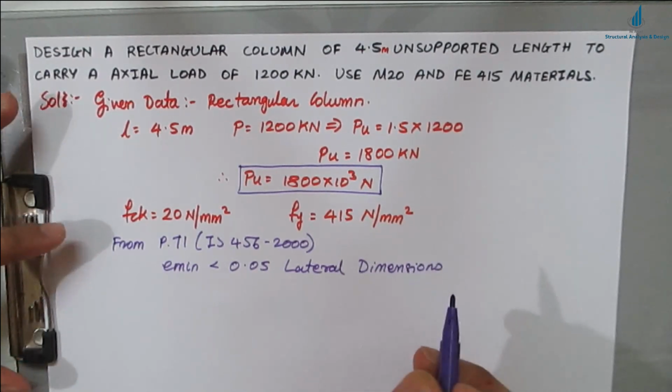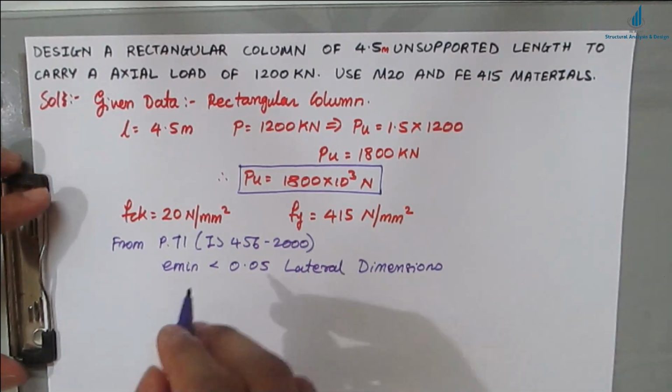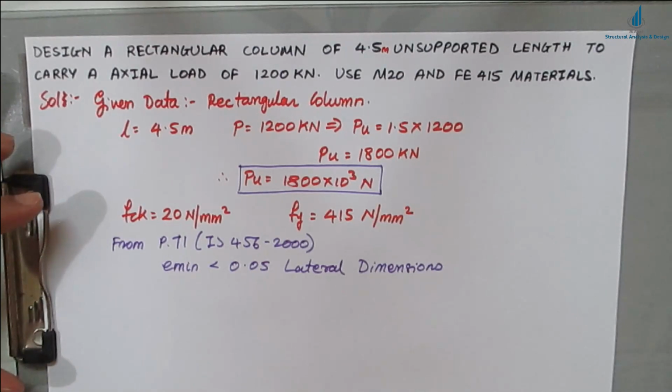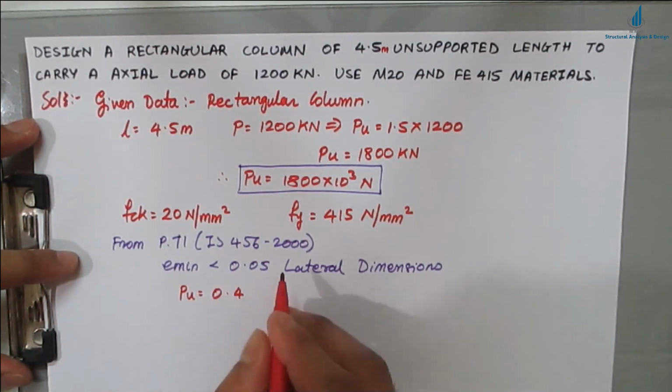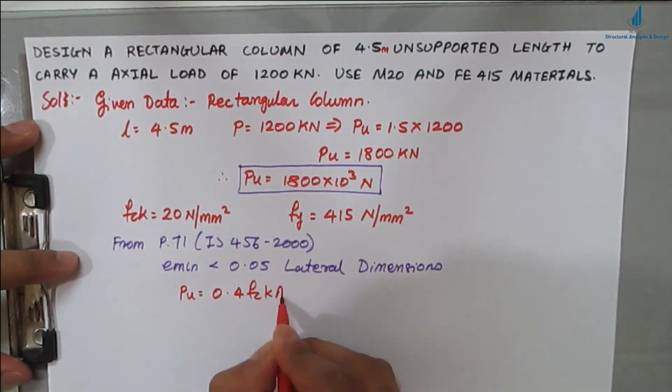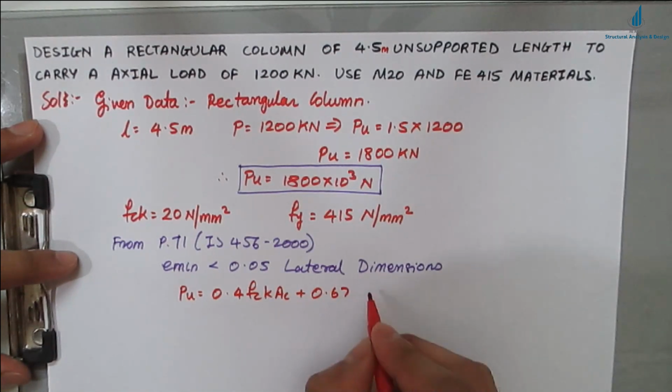This is strictly applicable only for short axially loaded columns, not uniaxial and biaxial bending. So with this clause we can use this equation: Pu equals 0.4 fck Ac plus 0.67 fy Asc.